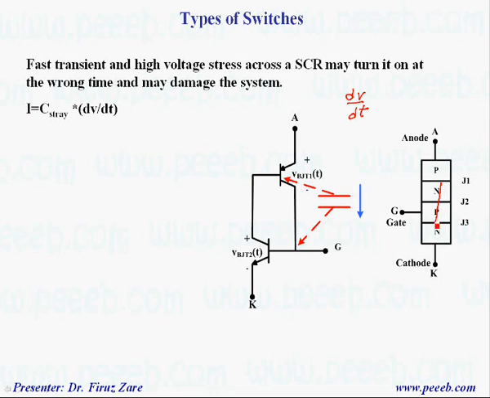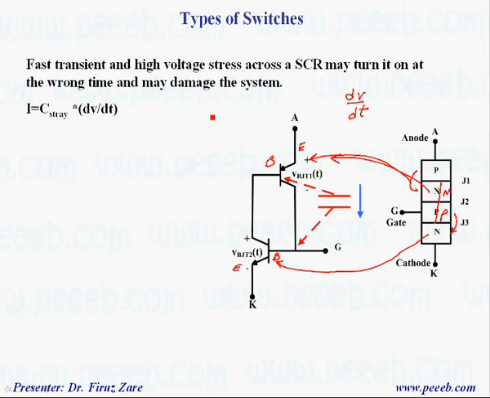If we split these junctions, these layers, then this corresponds to the PNP transistor, and this NPN corresponds to this transistor. So here we have base-emitter in this BJT, and here we have emitter-base, which is basically this junction.